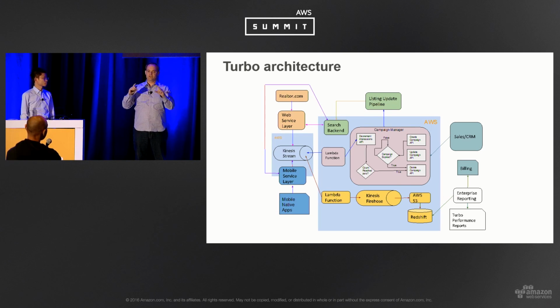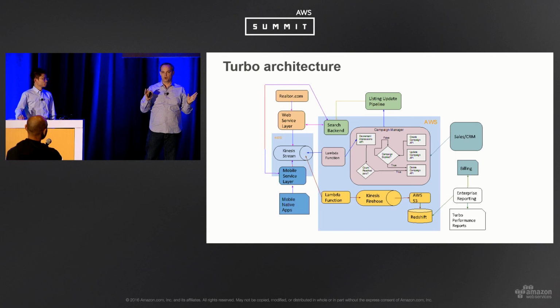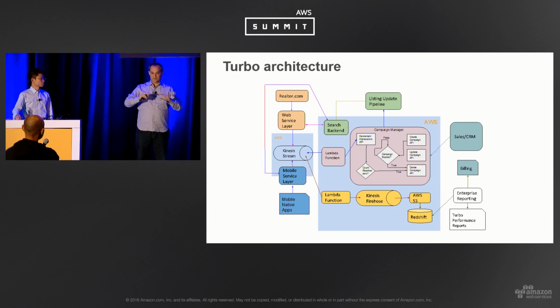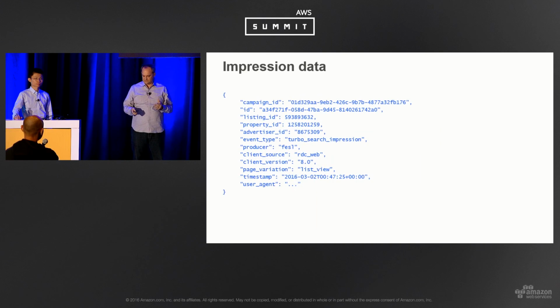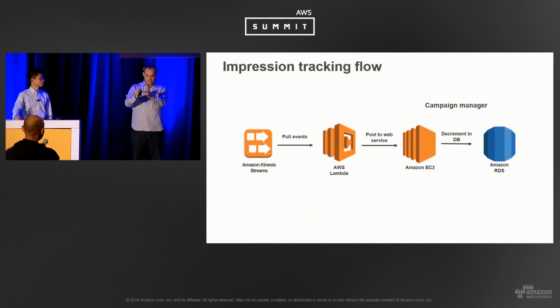The logic is at the moment a bit too complex to spread across half a dozen or more Lambda functions, compared to encapsulating it in an application that's fully tested and self-contained. The reason there's a Lambda function between the stream and the campaign manager is that we wanted to keep the campaign manager entirely web services based, so that Lambda function's job is simply to pull data off the stream and post data to the web service.